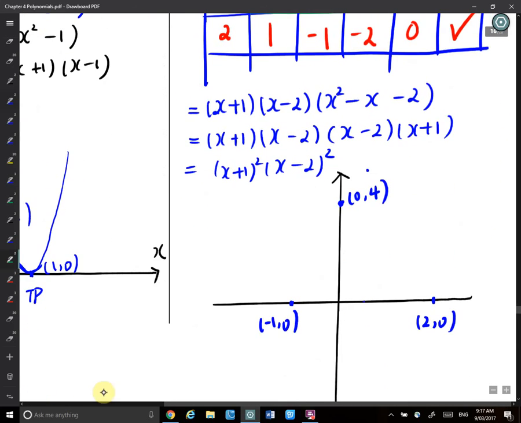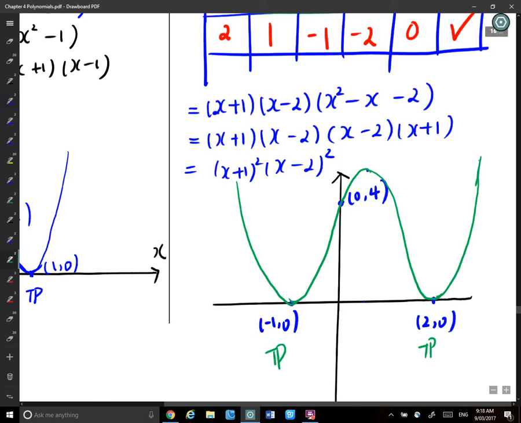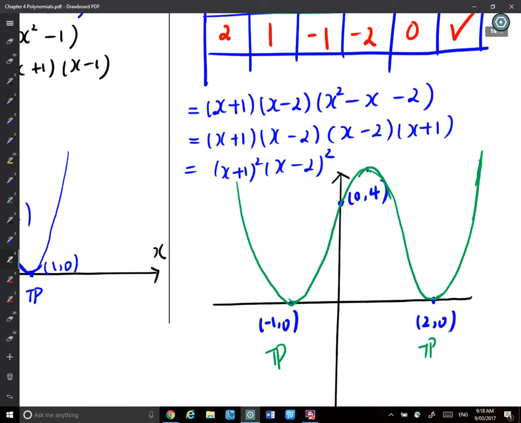And the highest power is positive, so that is a turning point. So you will have a turning point like that. Like this shape. It's like a W shape again, so it's symmetrical again. Have -1, 0, and 2, 0.